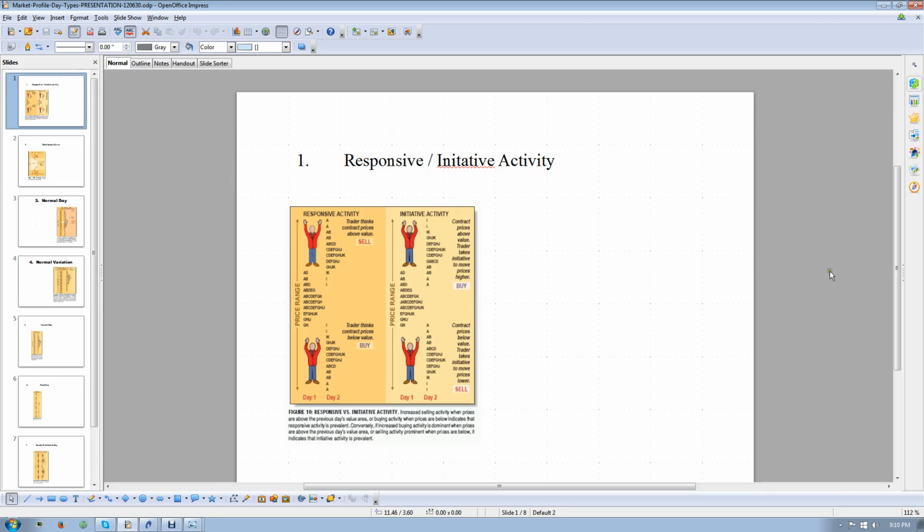And today we're going to move on and talk about how these profiles give different looks. They form different structures, different visuals.